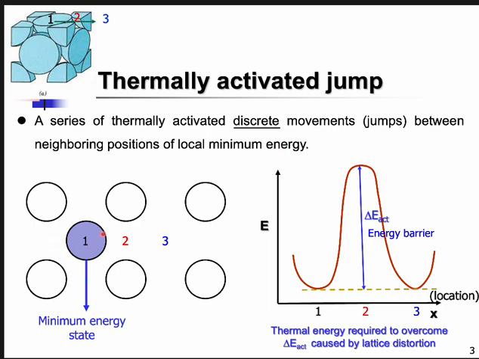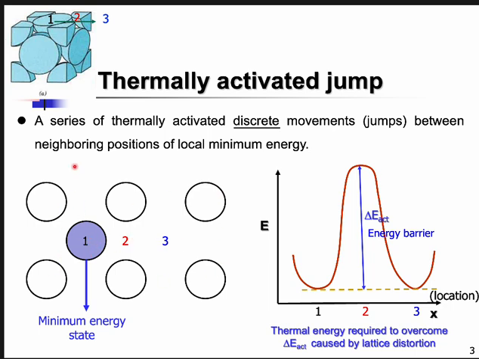What this means is that now you have atoms, and we focus on number 1. The atom number 1 is now at a minimum energy state. The atom 1 wants to move from position 1 to 2, then to 3. So what's the whole process for this atomic movement or atomic jumping?